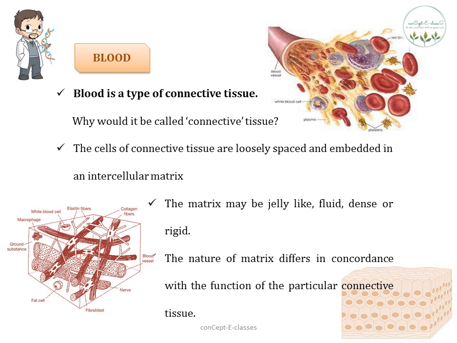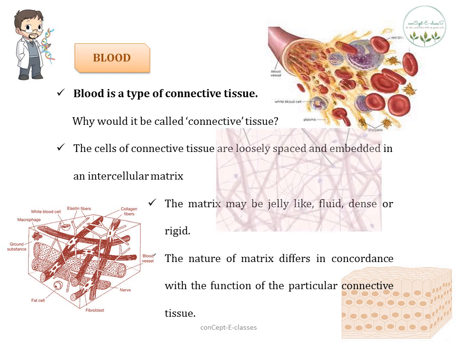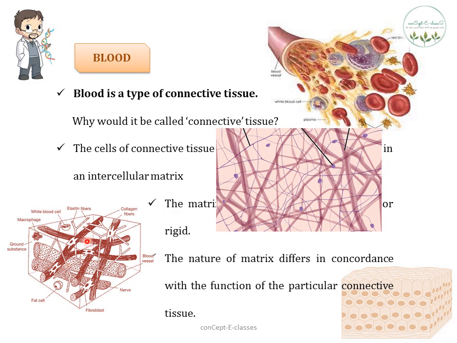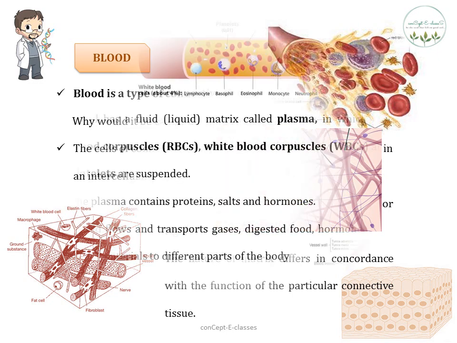The matrix may be jelly-like, fluid-like, or dense or rigid. The nature of the matrix actually decides the function of the connective tissue.